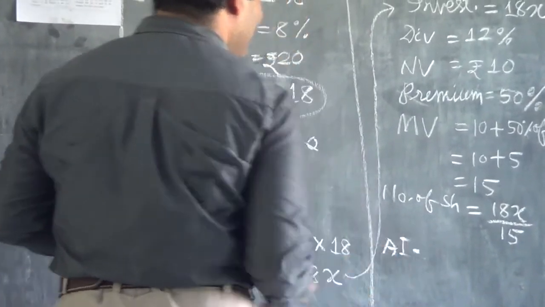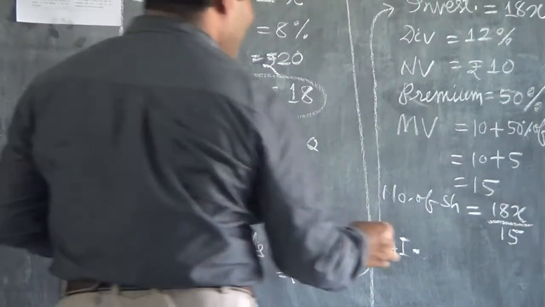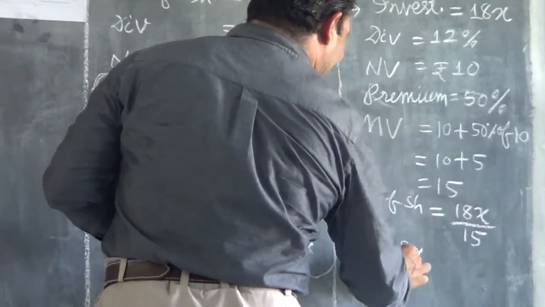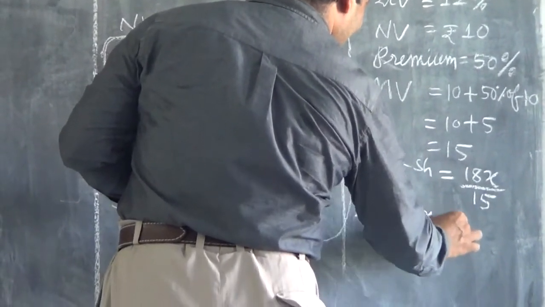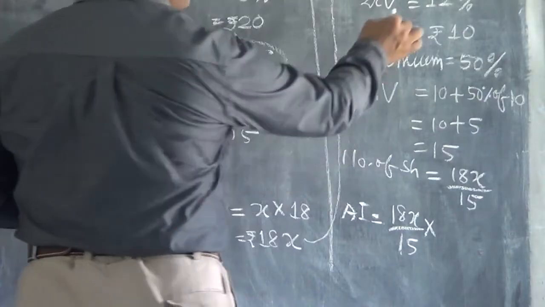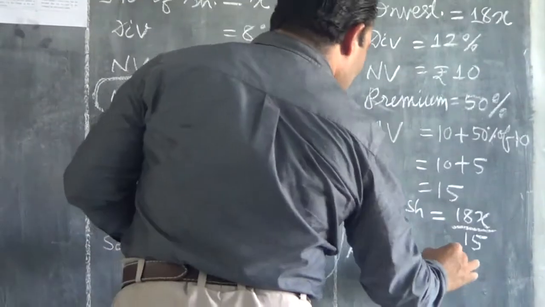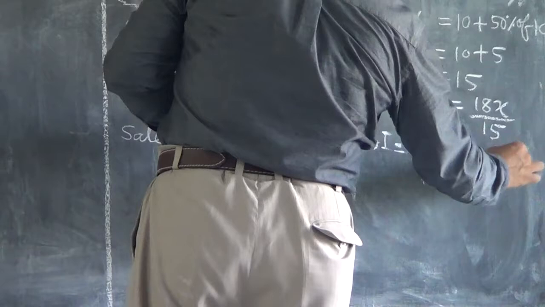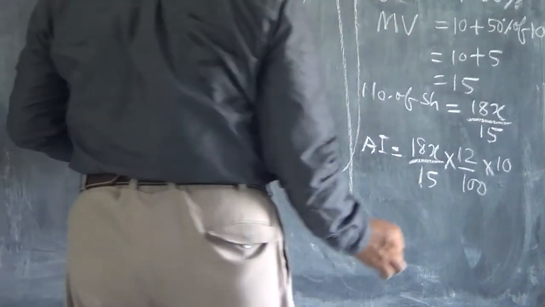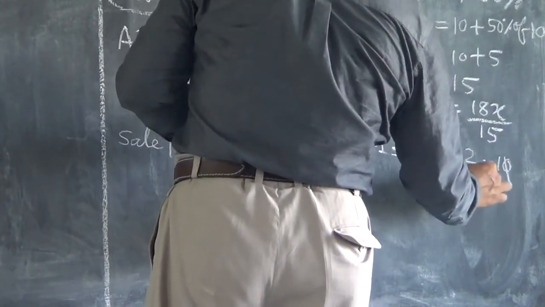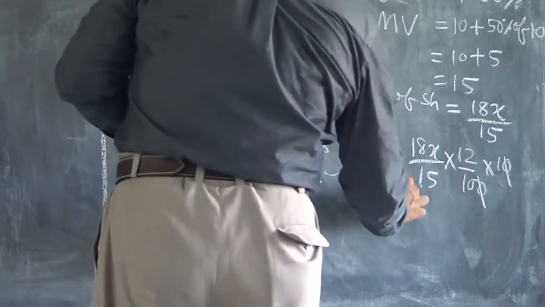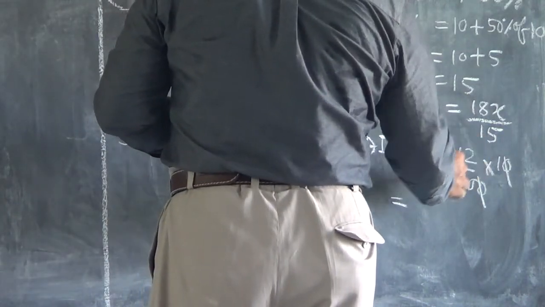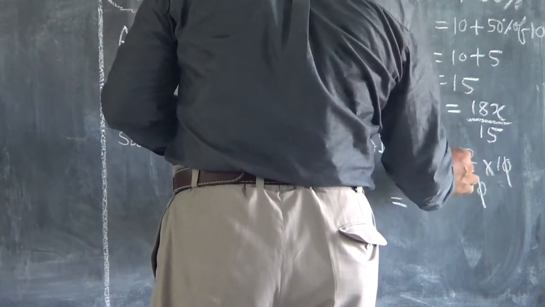Annual income equals number of shares 18x by 15 into dividend, given here as 12%, so 12 by 100 into 10. So you can cancel here this 0 and 0. Then what can you cancel?